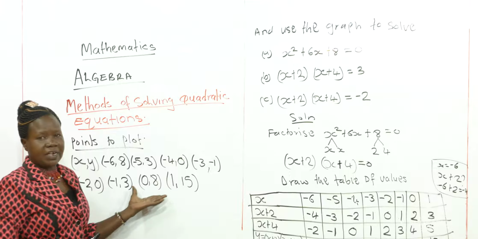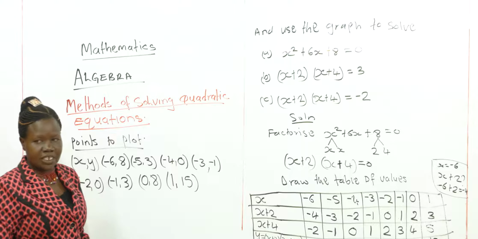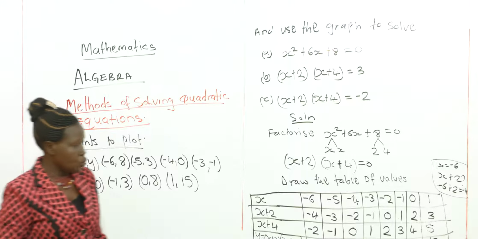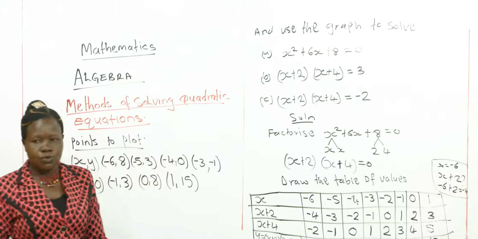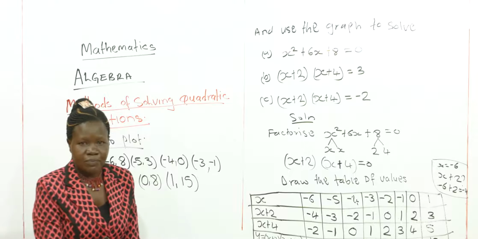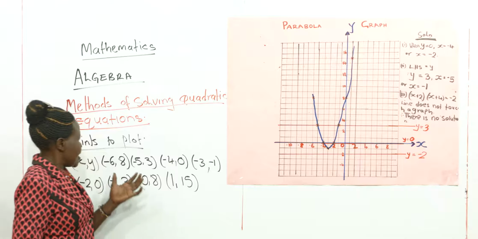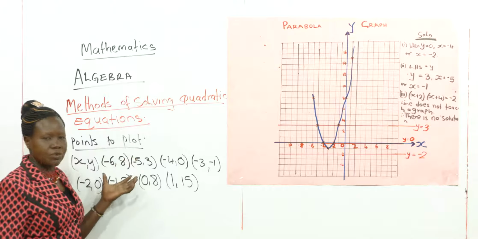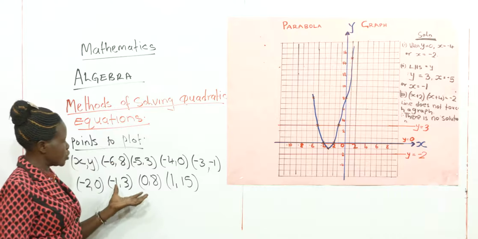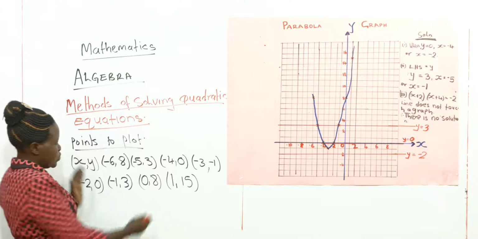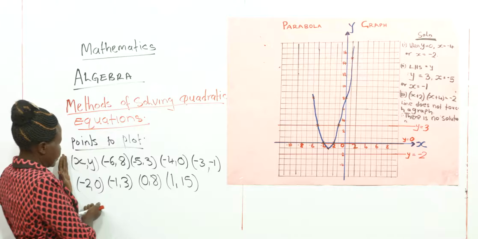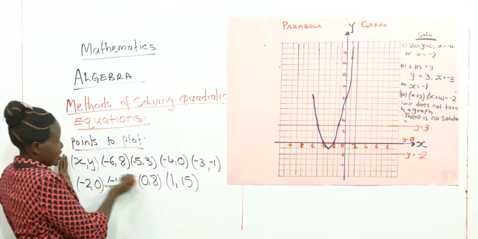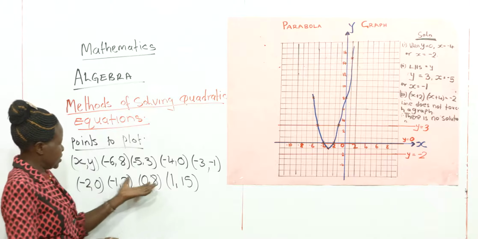After you have identified the points, it becomes very easy for you to do what? To draw your graph. Yes, learners, after you have drawn your table of values, identify the coordinates or the points that you are to plot, which we have already identified as stated on the chalkboard here.